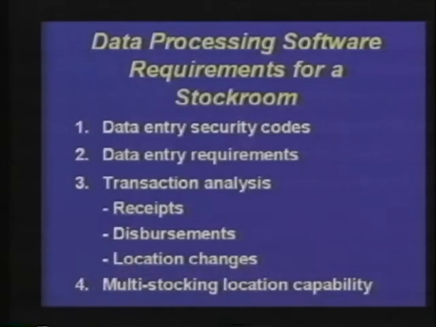The 5th transaction is identified starting in step number 5, which is the implementation of the cycle count program. Step number 4 indicates, as an example, that there always may be a need where you have multiple locations. In those cases, what we want to do is to consider some type of a coding system where we want to issue out of the first location that was used.